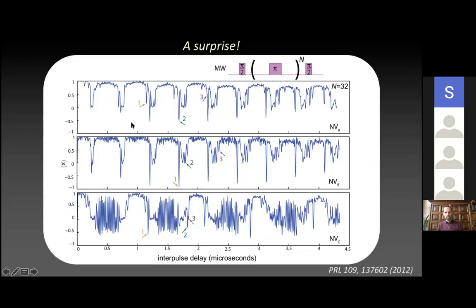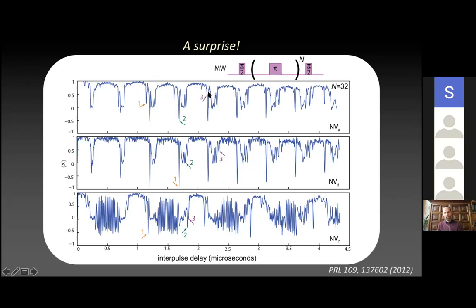So what you see here is the same type of measurement for 3 different NV centers. The envelope that you saw before is basically the envelope of these upper parts. You see this part slowly going down; this is the slowly decaying envelope. But on top of this envelope, you see these sharp spikes.